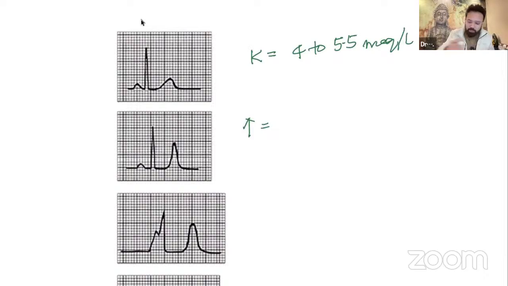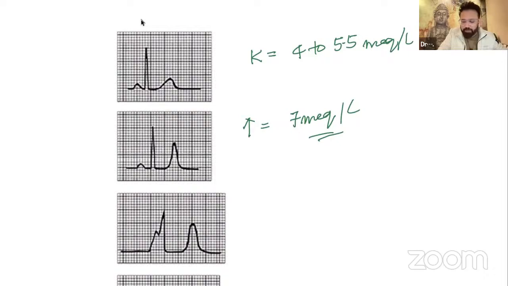If the potassium level becomes 7 milliequivalent per liter, what is the first change on the ECG? There are plenty of changes, I tell you. Mild hyperkalemia, moderate to severe hyperkalemia, nowadays they are asking all the questions.